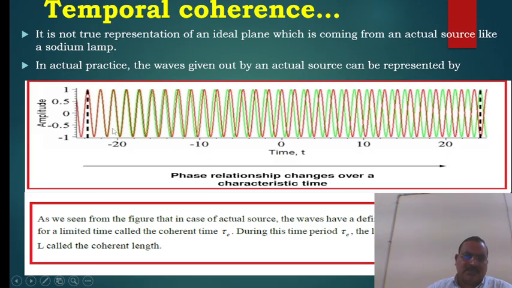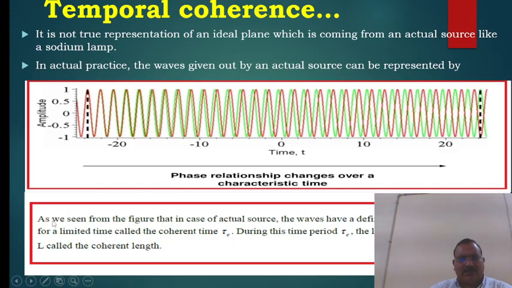For some time we observe coherency up to this point, and after some time the two waves are incoherent. This is the actual representation of a light beam or any type of wave. So there is coherency for some time, then incoherency, then coherency, then incoherency, and so on.